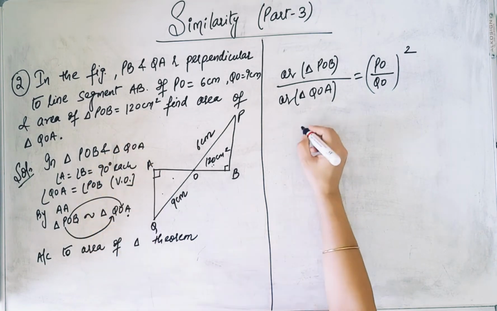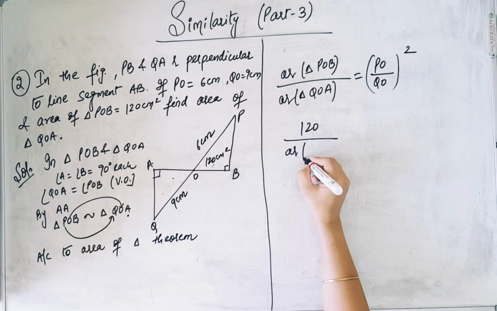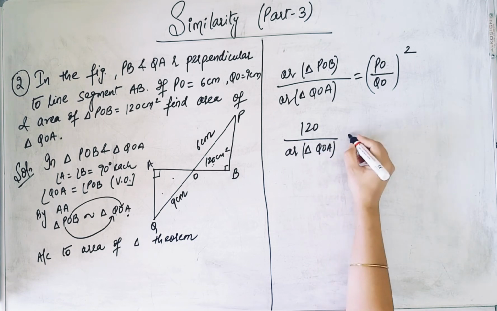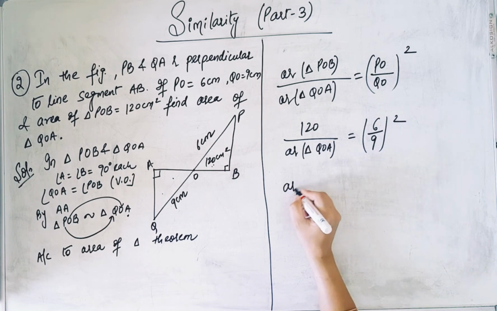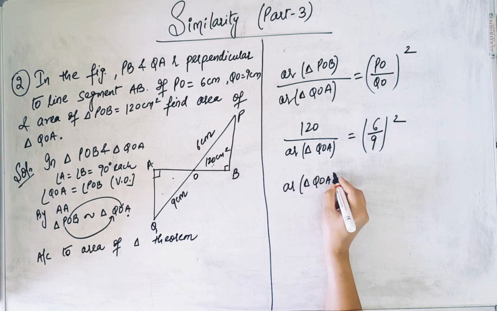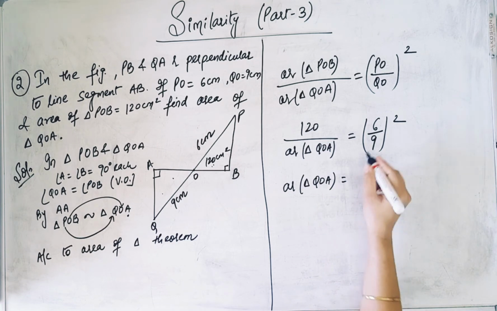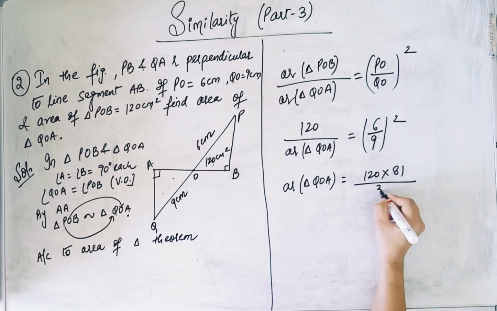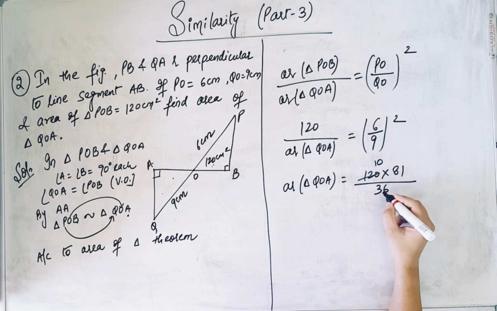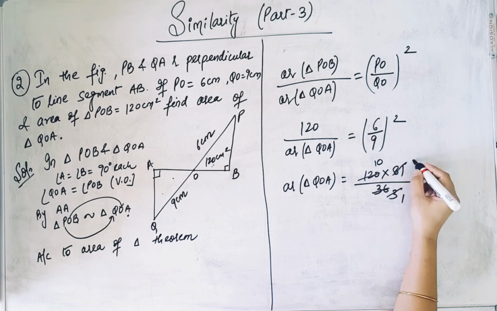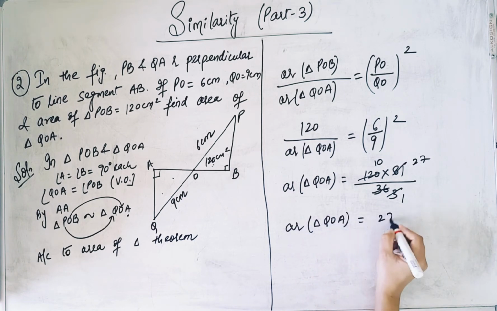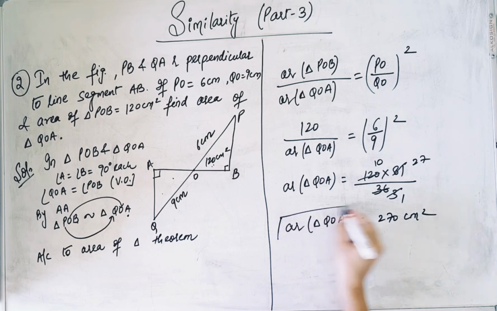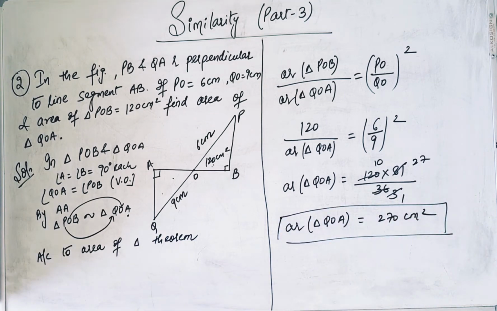So area of triangle POB is given 120 by area of triangle QOA equals PO is 6 by 9 square. Thus area of triangle QOA will be 120 into 81 by 36. So 12 tens are 120, 12 threes are 36, 3 ones are 3, so we get 270. So area of triangle QOA is equal to 270 centimeter square.